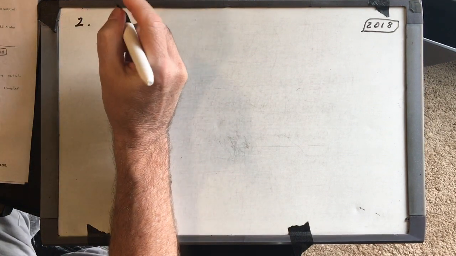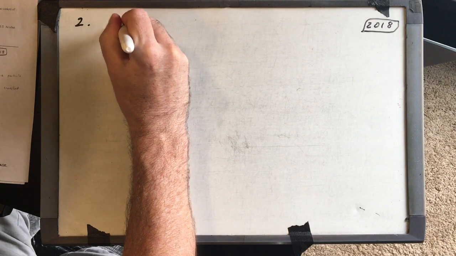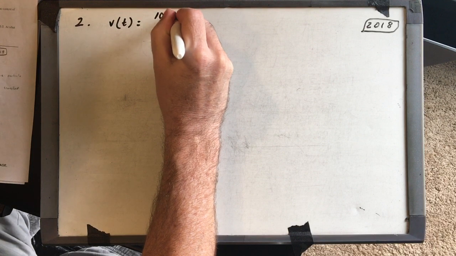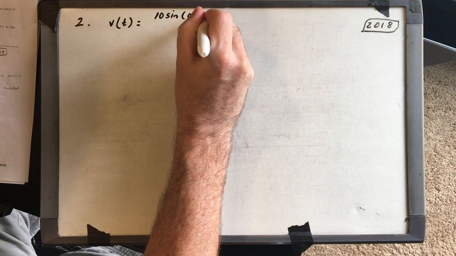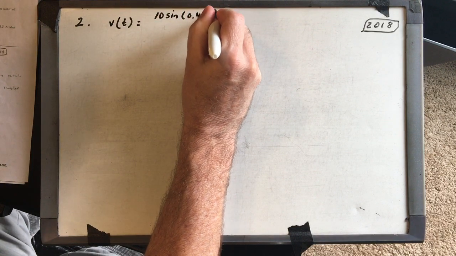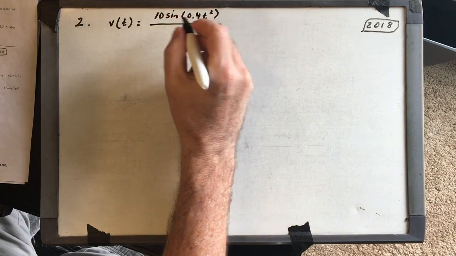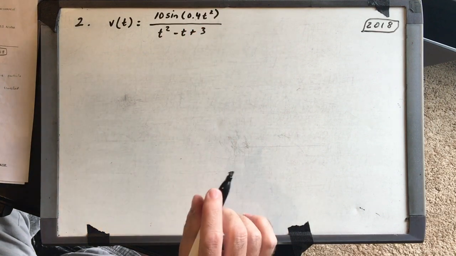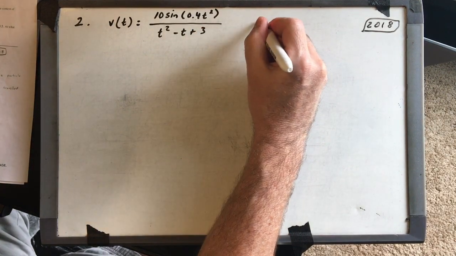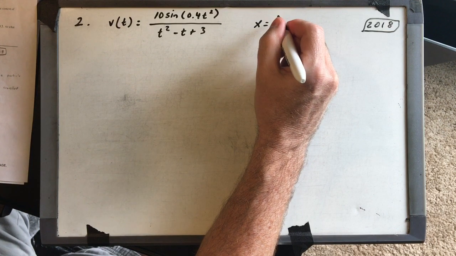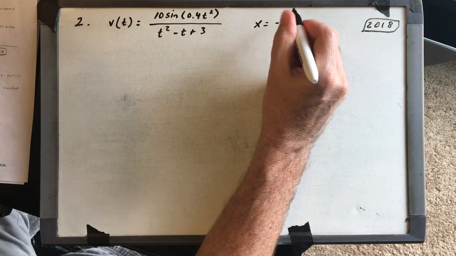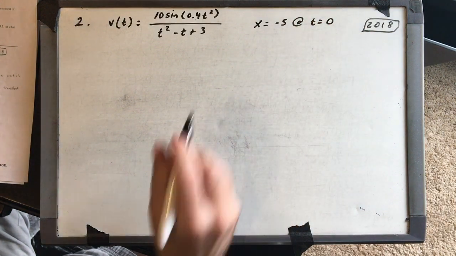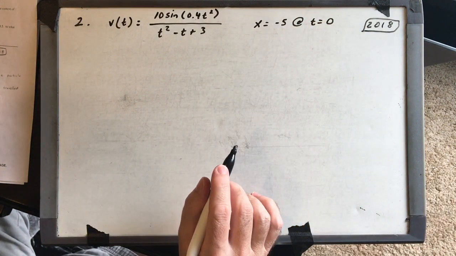All right, so we've got v of t, pretty unattractive equation: 10 times the sine of 0.4t squared over t squared minus t plus 3. And our initial position along the x-axis is -5, and that occurs at t is equal to 0. So we're going to need that information eventually.